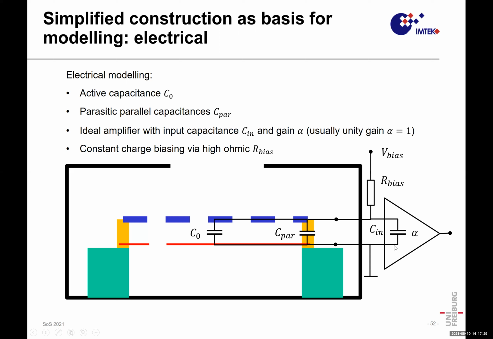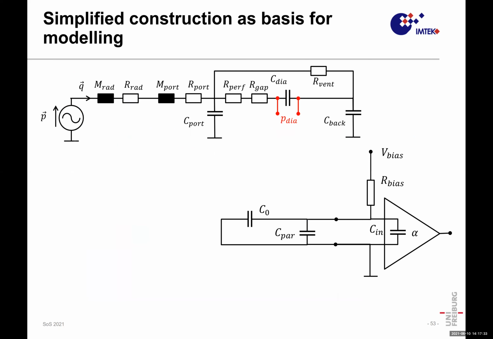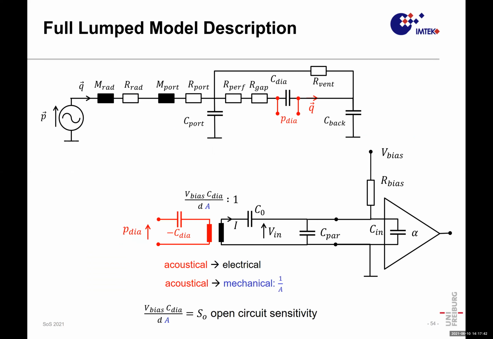For simplicity, we put the amplifier as a unit amplifier, and we can use this model to describe the electronics in a very simple way. And in between, we only have to add the transformer, as we discussed also in the second lecture. We can transform from the acoustic domain into the electrical domain by this ratio, which is basically the open loop sensitivity.